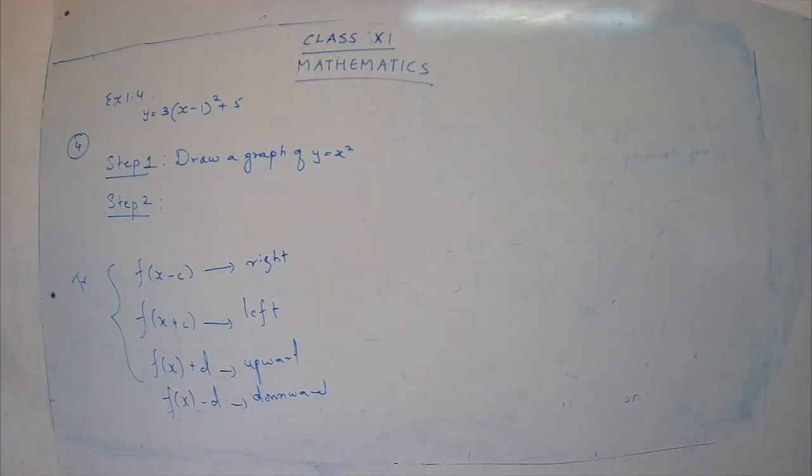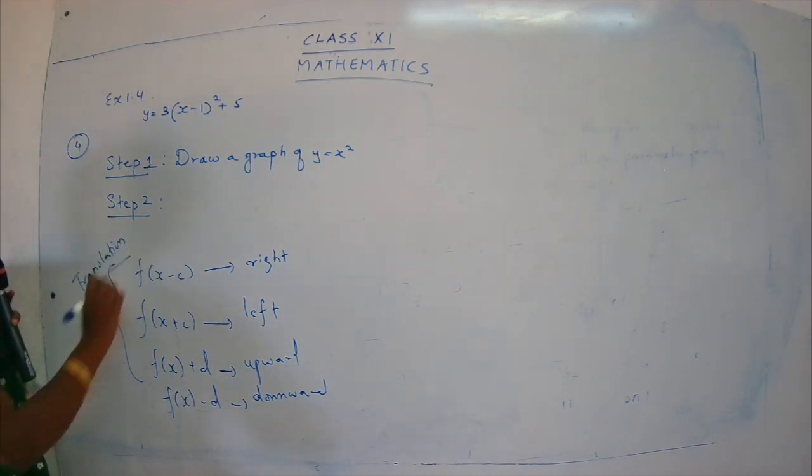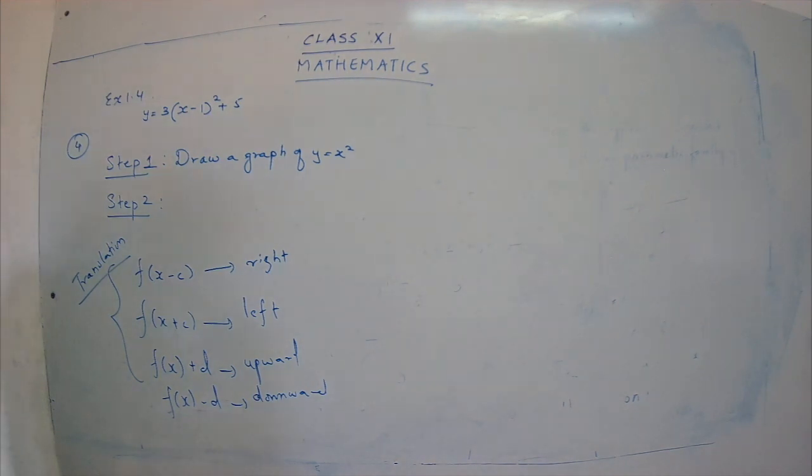And also we have seen 2 more transformations. The one is reflection, the second one is translation, and the third one is dilation. So the second step follows from translation. Let's write down the second step.